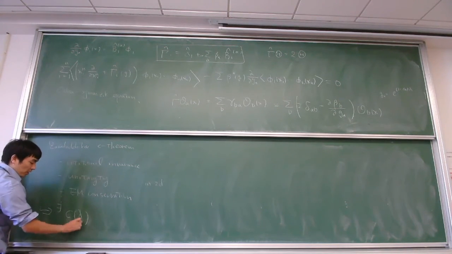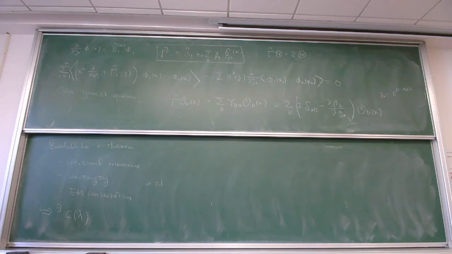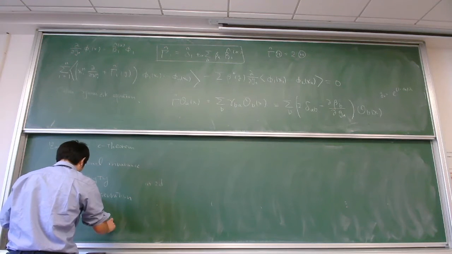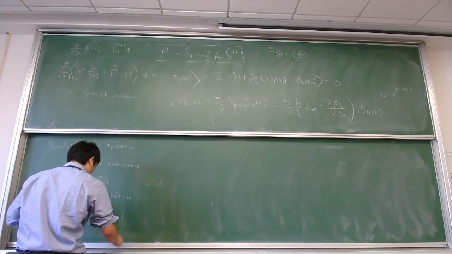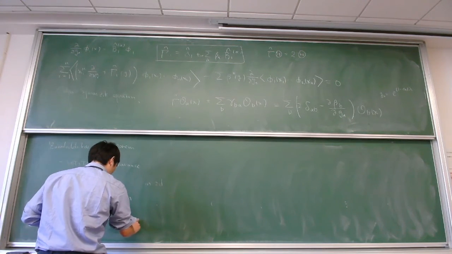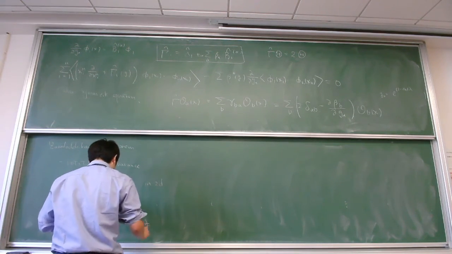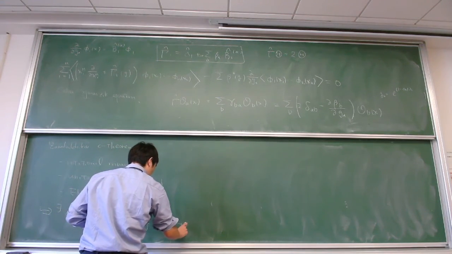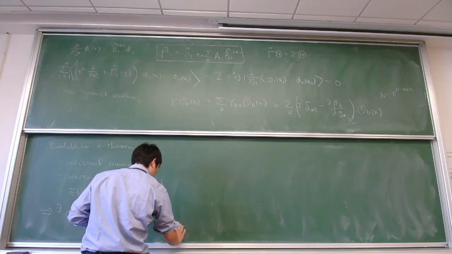Let's call it lambda. There exists a function C of lambda such that it's non-increasing as lambda grows.